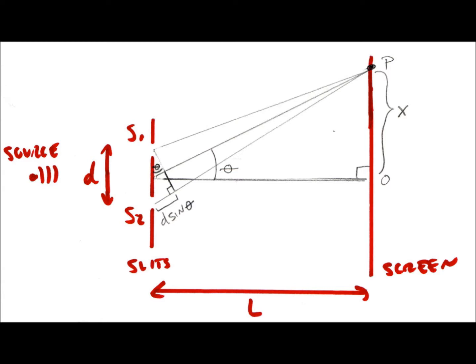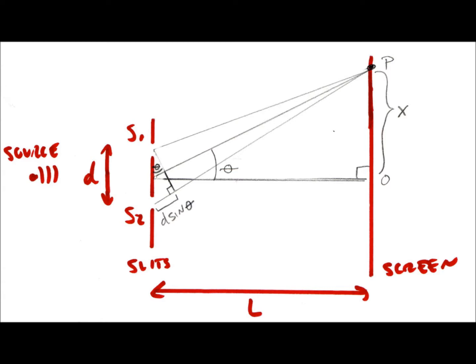The usual claim made in texts is that this triangle which I've drawn is similar to the first triangle I've drawn, where the base is d sine theta, and they use that similarity to build a mathematical relationship.